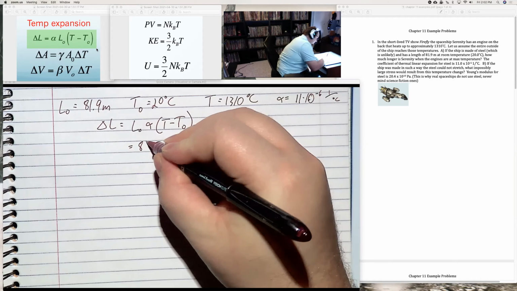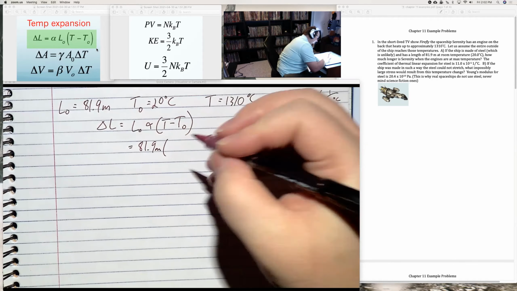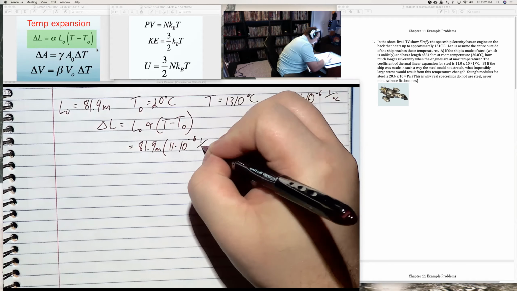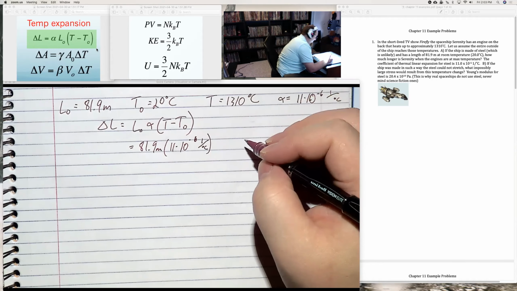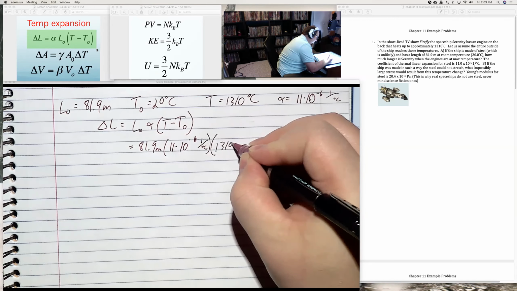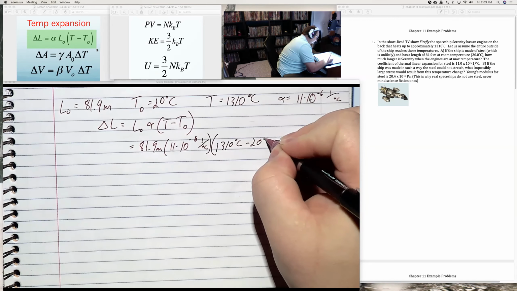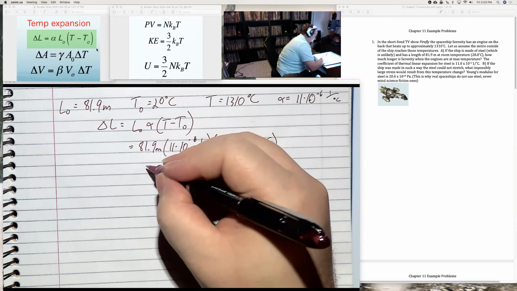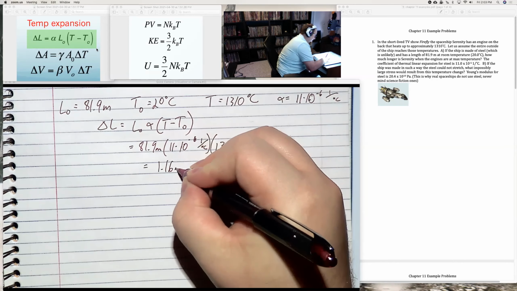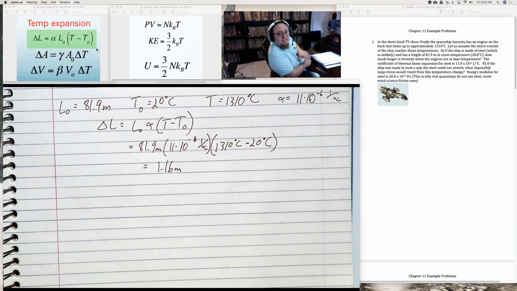L naught was 81.9 meters. Alpha was 11 times 10 to negative 6 inverse Celsius. Final temperature minus initial temperature. And I can do that math, and you get that it'll be 1.16 meters longer.